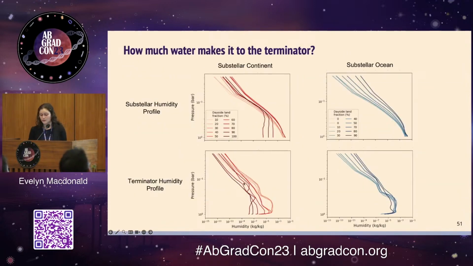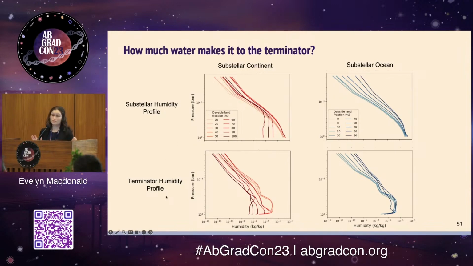I have some profiles here of specific humidity for the two different types of land map. This is all at the same pressure. Basically, we have pressure, so going upward in the atmosphere, on the y-axis, and specific humidity on the x-axis, near the substellar point and near the terminator.